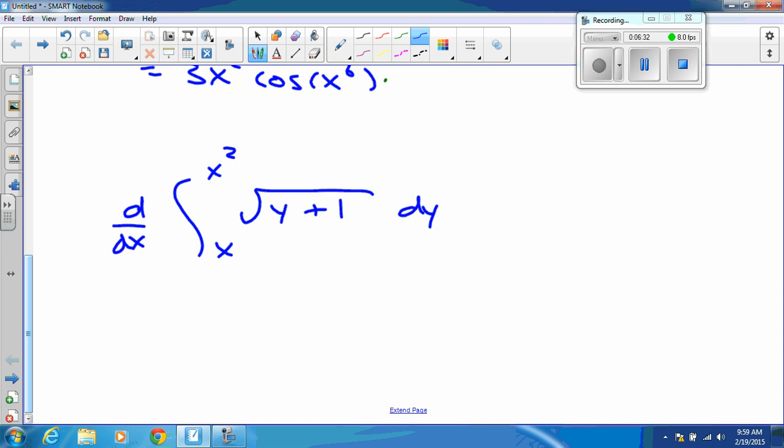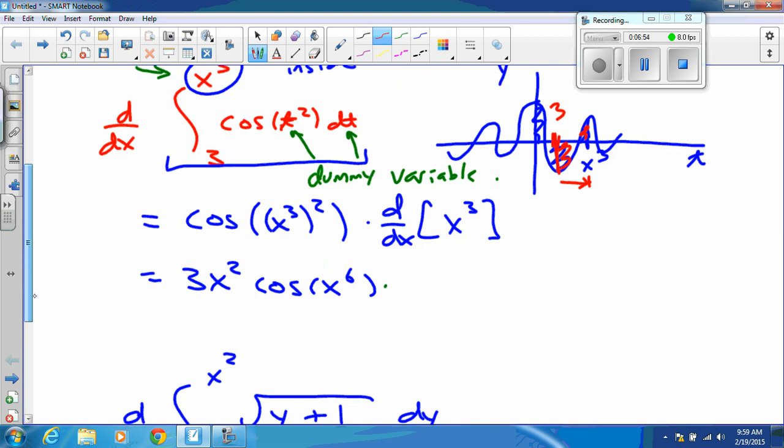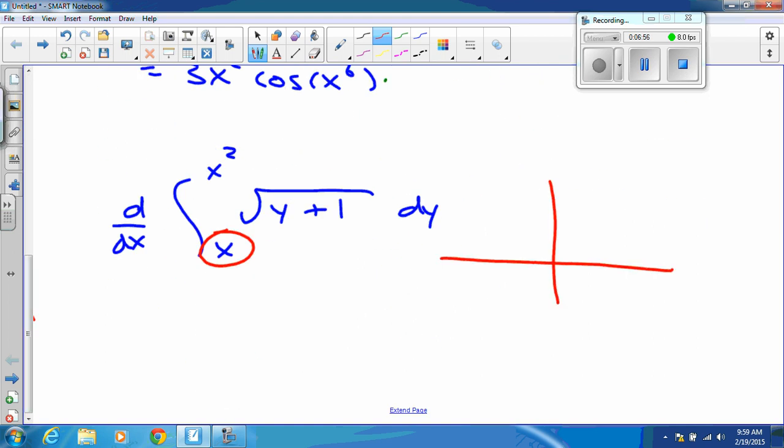Please notice what's different about this is that I'm now using a variable x for my lower limit of integration as well as for the upper. In the previous example, I picked a constant 3, and I integrated out to x cubed. Now I'm doing something that's a little unusual. I'm taking my root y plus 1, not y minus 1, y plus 1. There it is, root y plus 1.